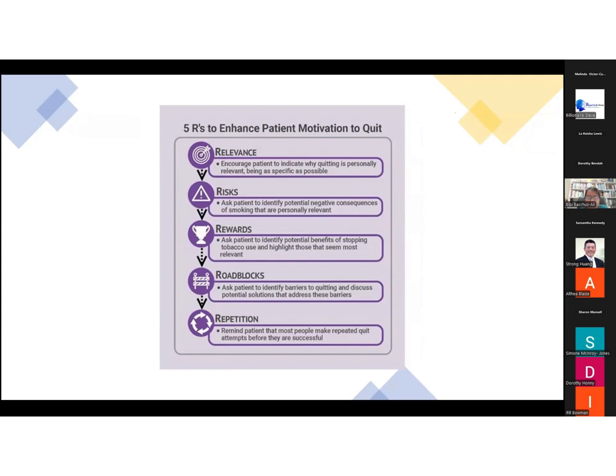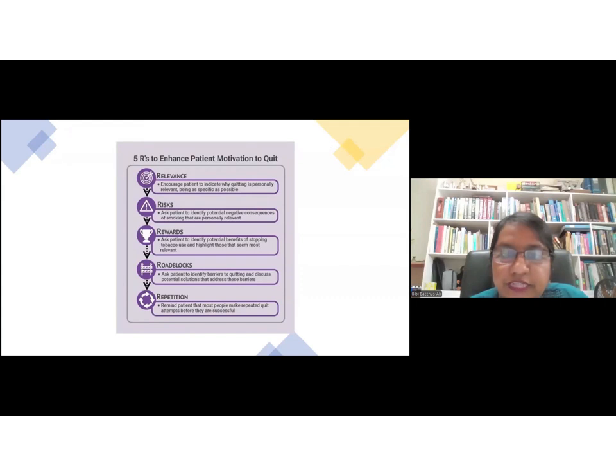Risks: ask the patient to identify potential negative consequences of smoking that are personally relevant. Rewards: ask the patient to identify potential benefits of stopping tobacco use and highlight those that seem most relevant. Roadblocks: ask patients to identify barriers to quitting and discuss potential solutions that address these barriers.